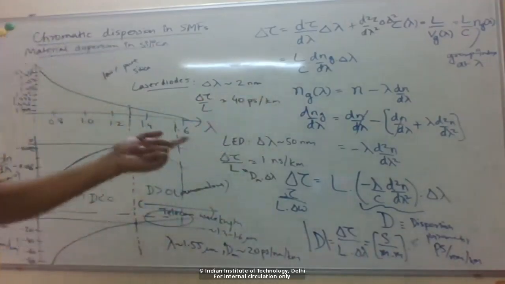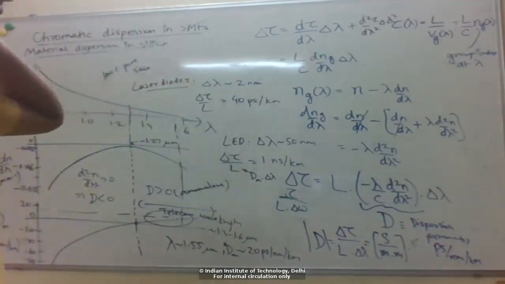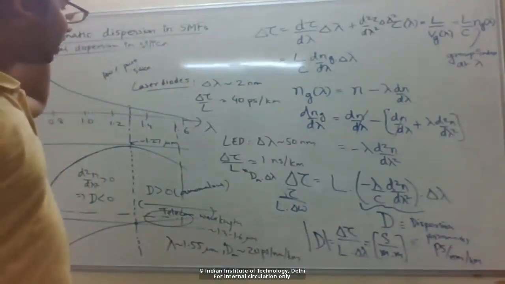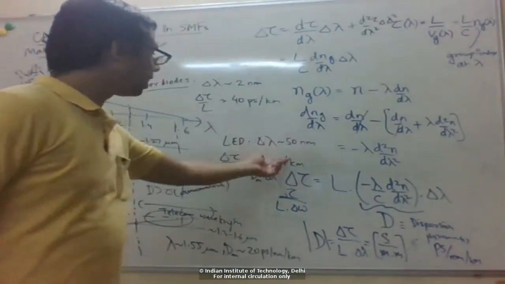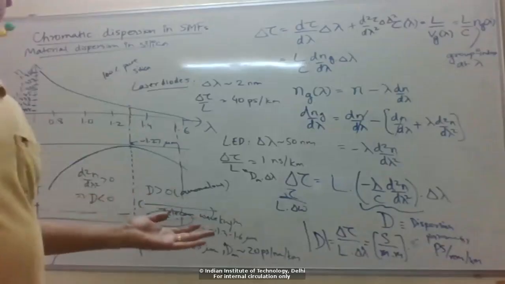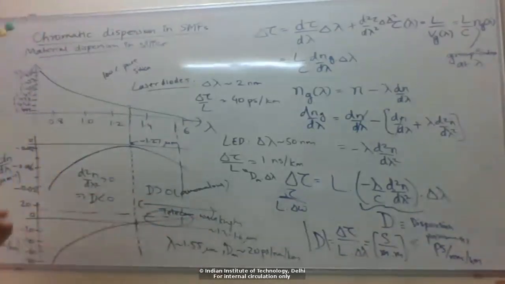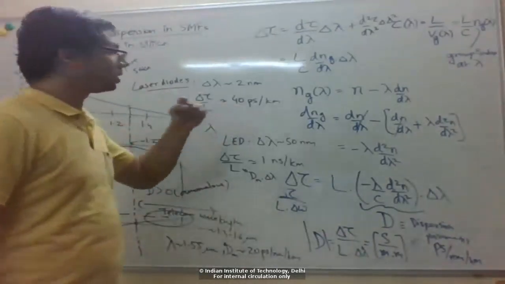One thing to note is these values are much smaller than the intermodal dispersion values that we had. Remember, for step index we had values like 20 nanosecond per kilometer or 50 nanosecond per kilometer. And for graded index fibers, we were able to get it down to maybe hundreds of picosecond per kilometer. So these are already lower than that.